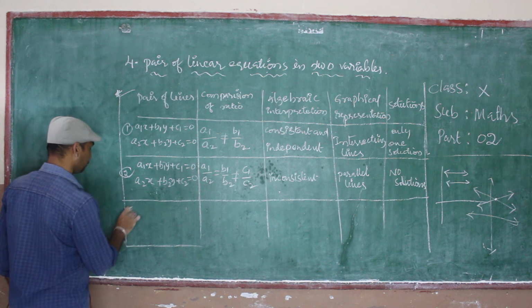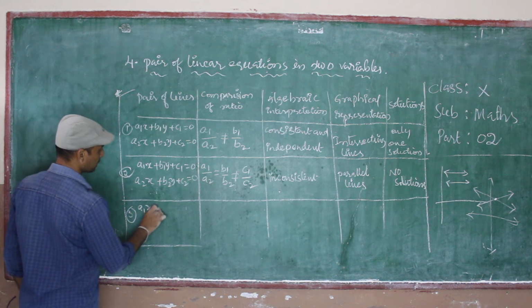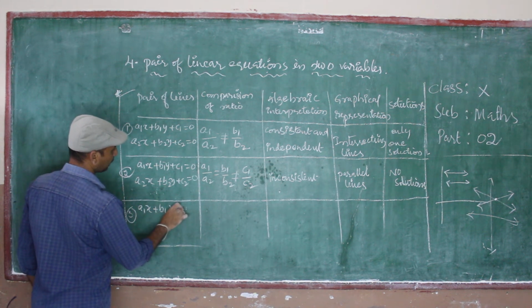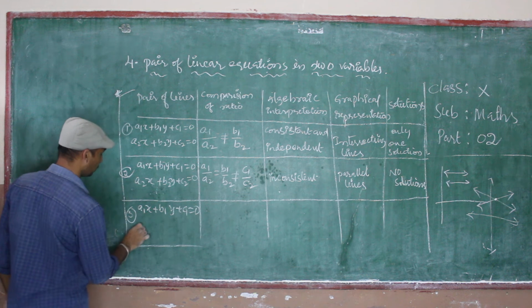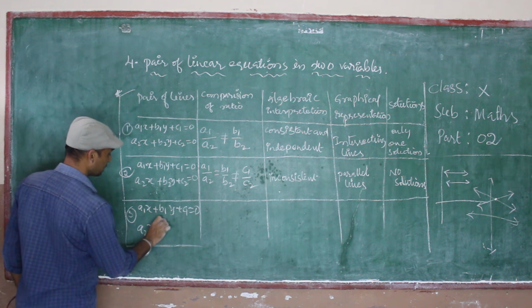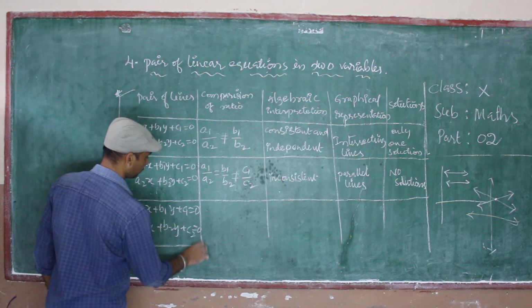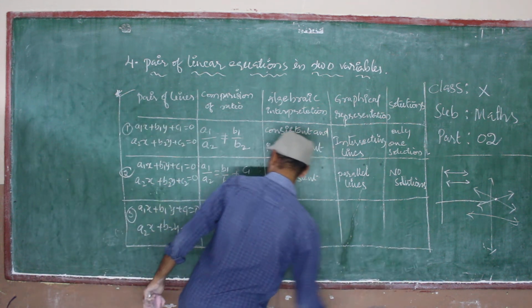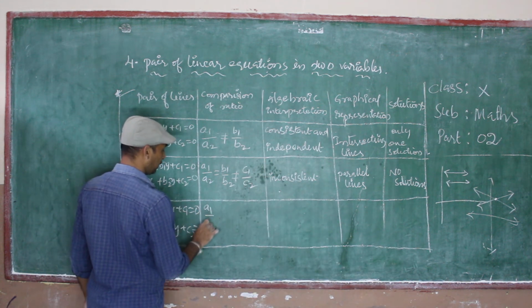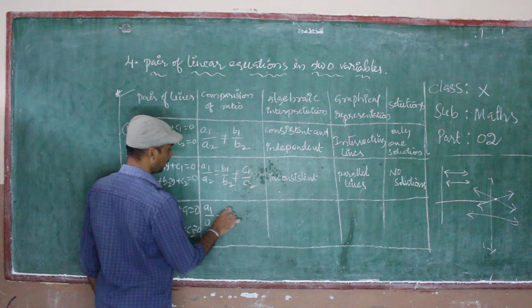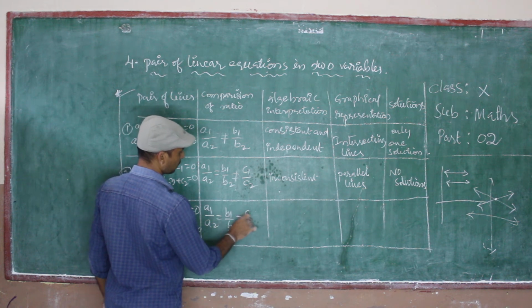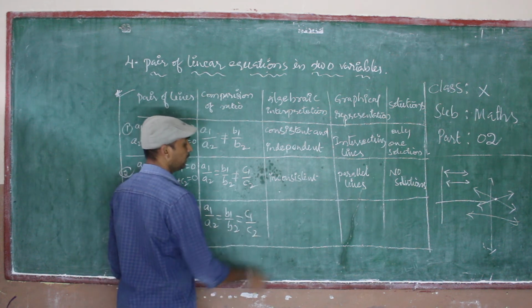Then the third one, a1x plus b1y plus c1 is equal to 0, a2x plus b2y plus c2 is equal to 0. Then here a1 by a2 is equal to b1 by b2 is equal to c1 by c2.